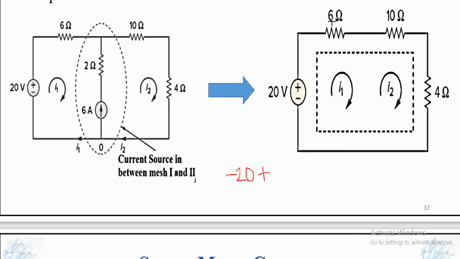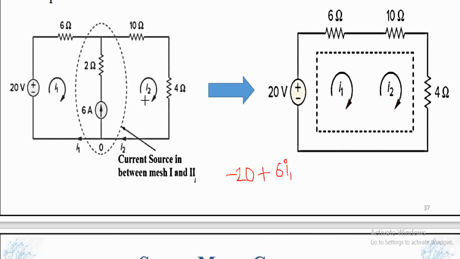Now this 6 ohms is related to the first mesh or second mesh? First mesh only, so the first mesh current is I1. So here we write 6 into I1. Next we have two more resistors, 10 ohms and 4 ohms. This 10 ohms is related to the second mesh.